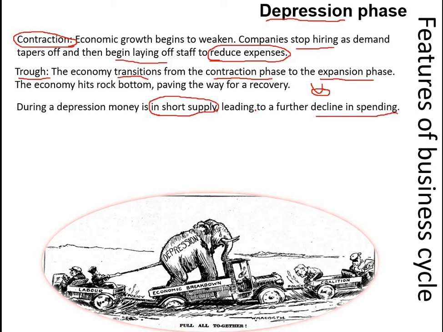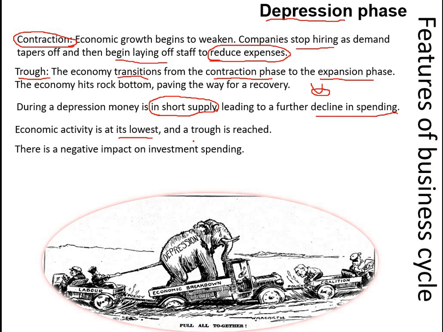There's a black market which is being introduced today. The rand has lost value like no bad business. And investors have lost confidence, businesses have lost confidence. So the economy here is at its lowest. So trough is the lowest point, and peak is the highest point in the business cycle.